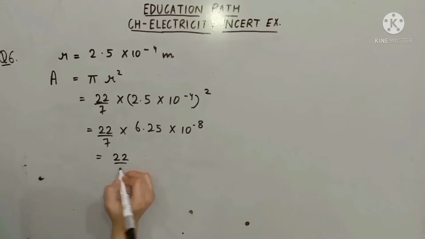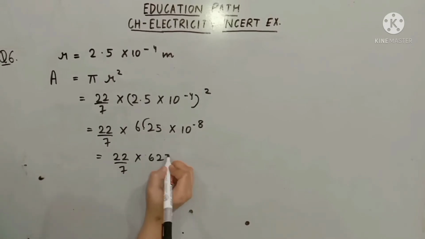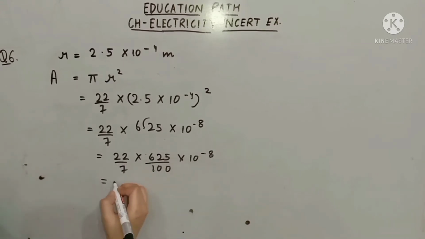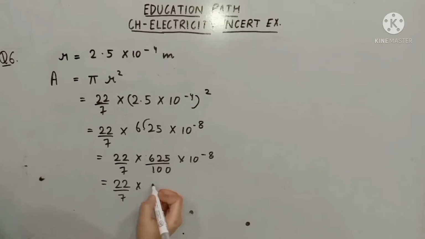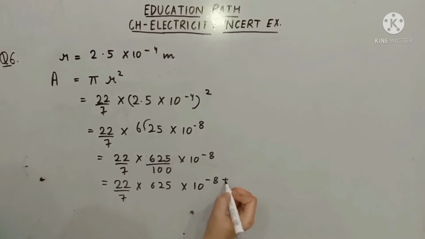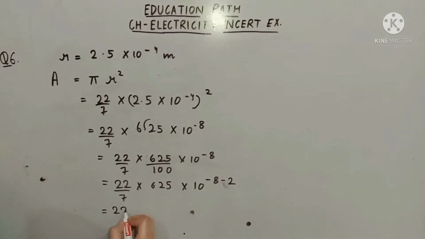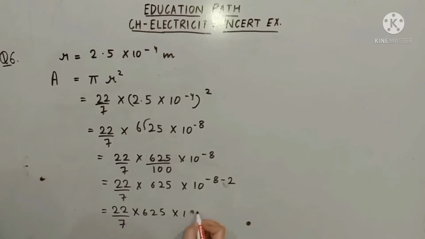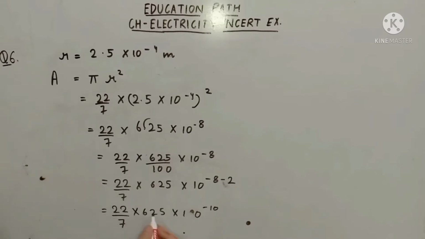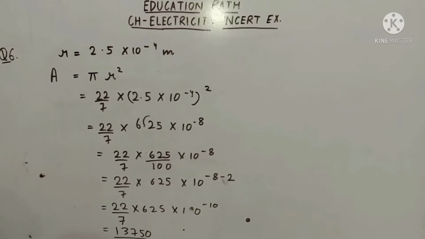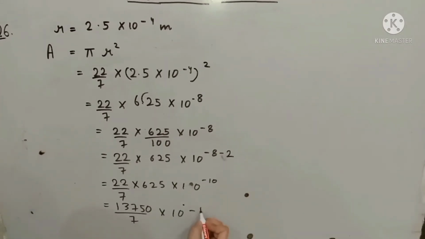Now 22 upon 7 into 625 upon 100 into 10 to the power minus 8. 22 upon 7 into 625 into 10 to the power minus 8 minus 2. 22 upon 7 into 625 into 10 to the power minus 10. Now on solving this, we will get 13750 upon 7 into 10 to the power minus 10.